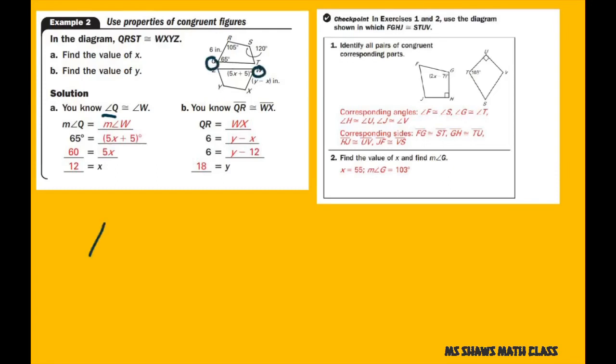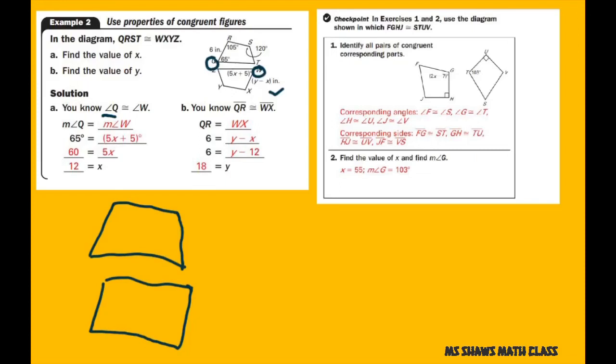So if we drew this figure, the first figure, then we want to draw it exactly the same. I'm not drawing this very well. So it's kind of like that. You're just flipping this one over.